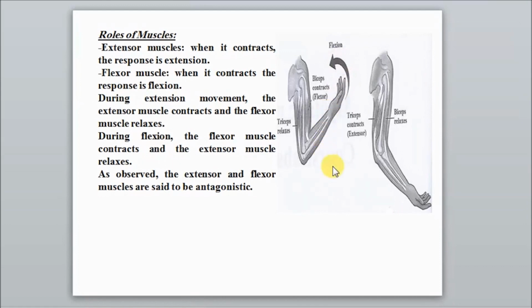In this case, in the extension movement, it is relaxed, while the extensor muscle is in a contracted state.